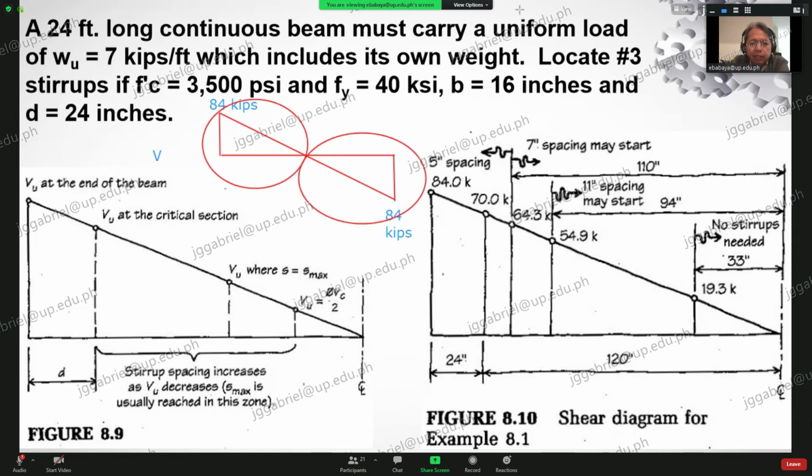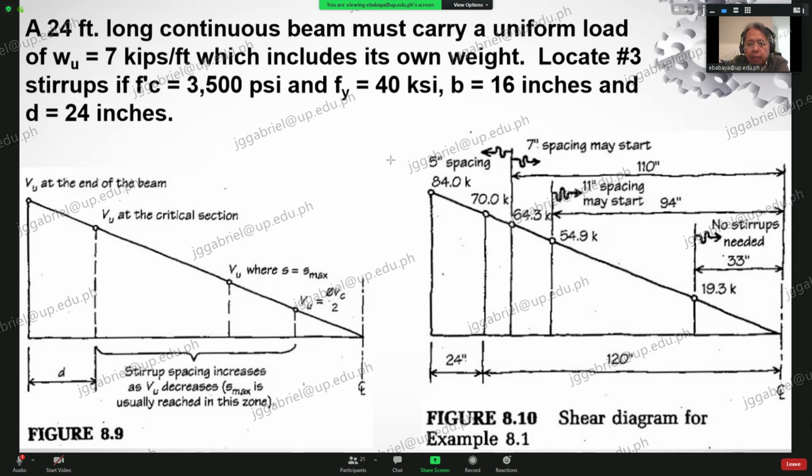So that's what happened here. We only looked at this part, and whatever is the spacing on this part, the same spacing applies on the right side of the beam.